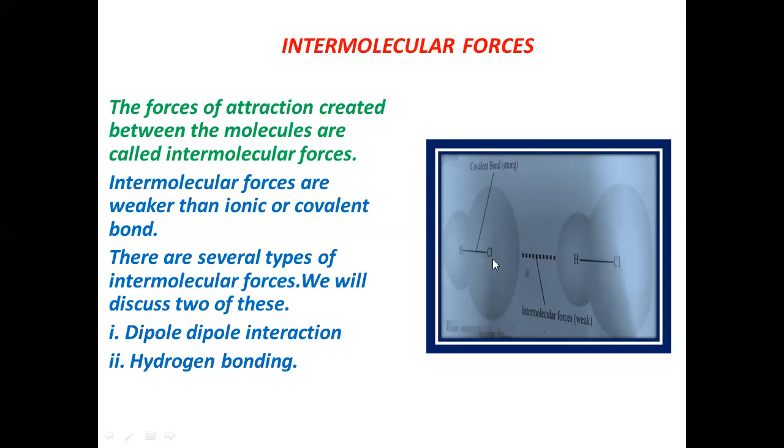While between the two atoms, hydrogen and chlorine, the bond is a covalent bond. So a covalent bond is stronger than intermolecular forces. Intermolecular forces are between the molecules, while the covalent bond is between the hydrogen atom and the chlorine atom. HCl is one molecule, and this HCl is the second molecule. The forces of attraction which we represented with dotted lines show the weak intermolecular forces between the two hydrochloric acid molecules.